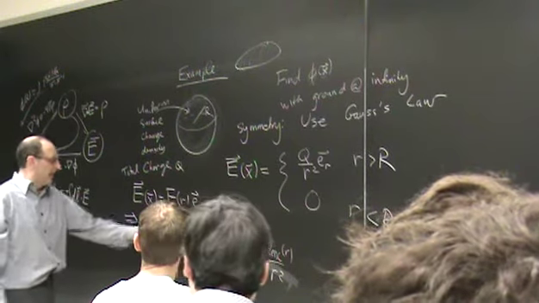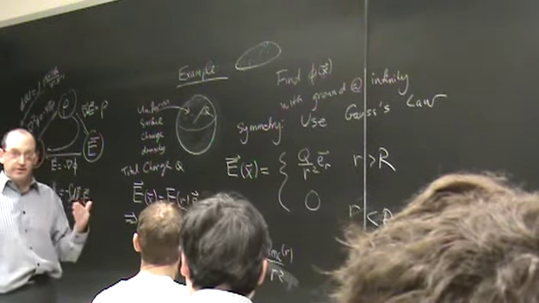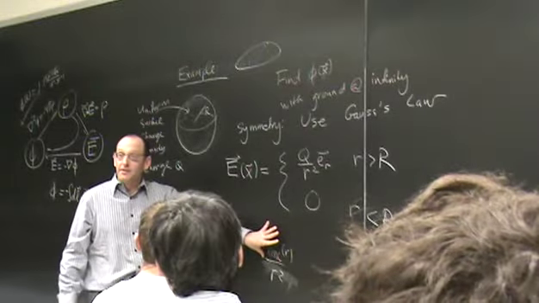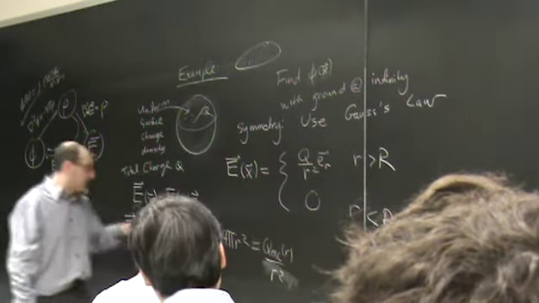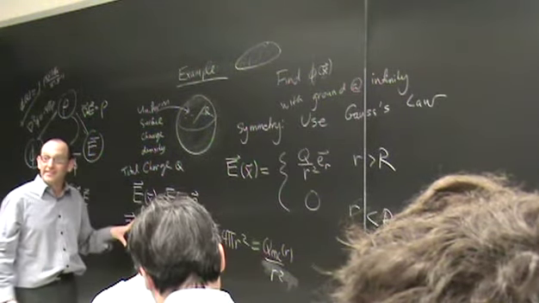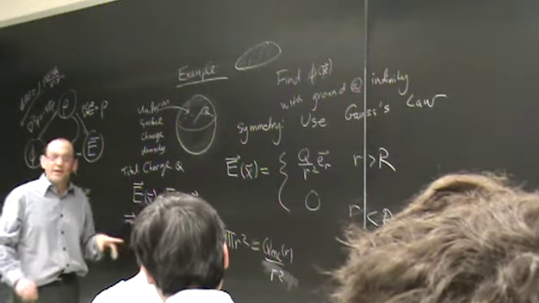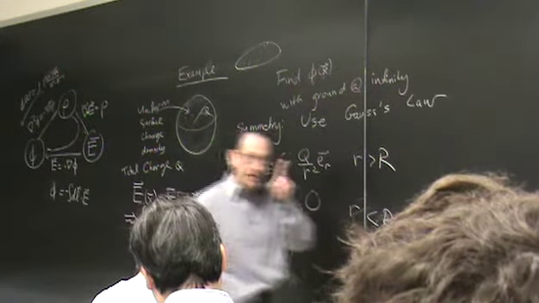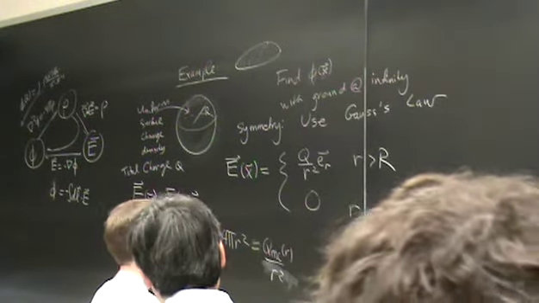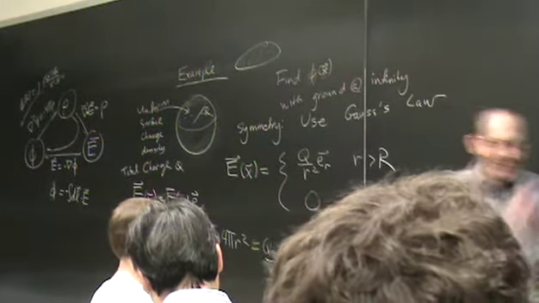It was only because we were allowed to factor it out based on the symmetry that we can say the integral has to be 0 if charge enclosed is 0, but that doesn't mean the electric field is 0. It just means the surface integral is 0. Okay? Rookie mistake. Don't be a rookie. That'll be our motto.